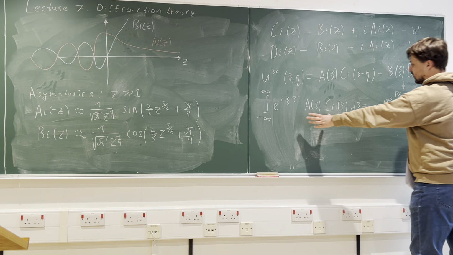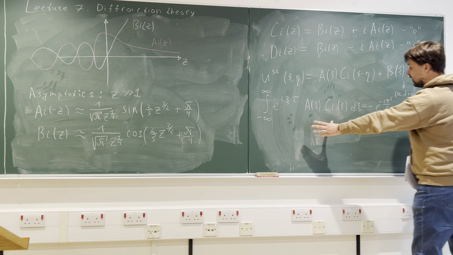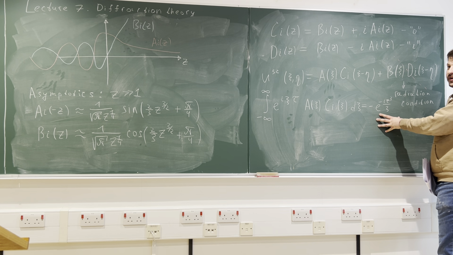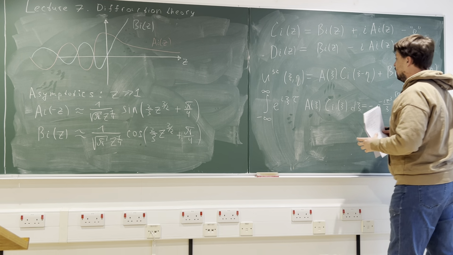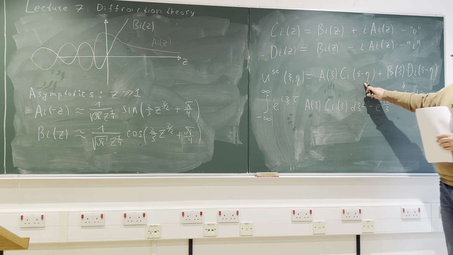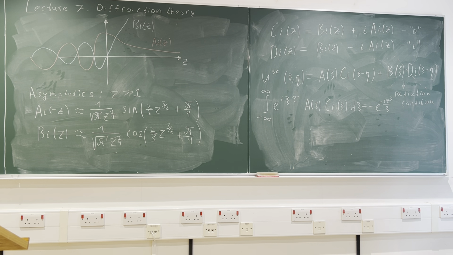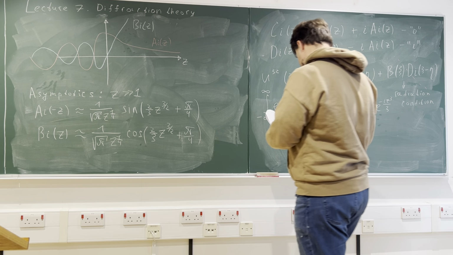So this is the scattered field equal to minus the incident field on the boundary. So on the boundary, eta is 0. Eta is our orthogonal coordinate. Okay, this is a simple integral equation which we solve by Fourier transform. We do the inverse Fourier transform, and let's not skip this step.